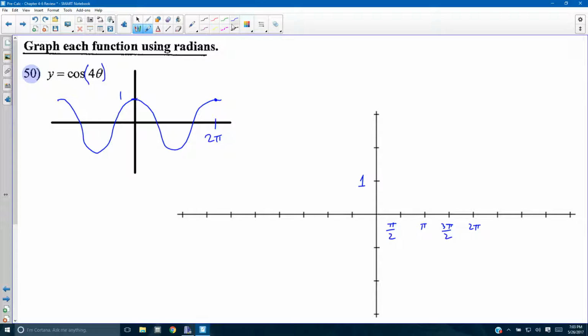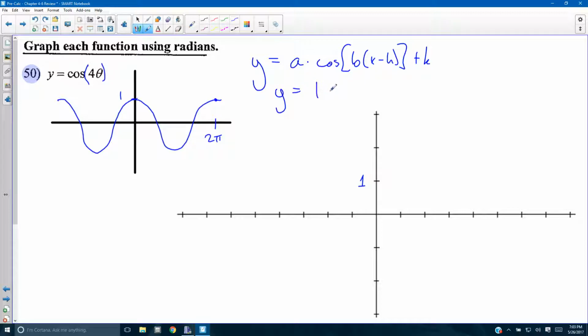What's going to change here is actually the period. If the general graph here is a times cosine of b times x minus h, plus k, what I'm looking at here is 1 times cosine of 4 times x minus 0, or theta minus 0, plus 0. 4 is my b value, and my b value can determine my period here. 2 pi over 4 basically says I'm going to be cycling through this 4 times faster than I normally would.